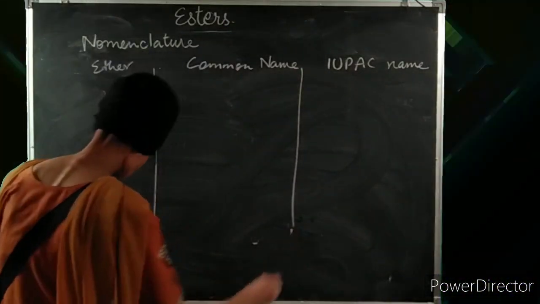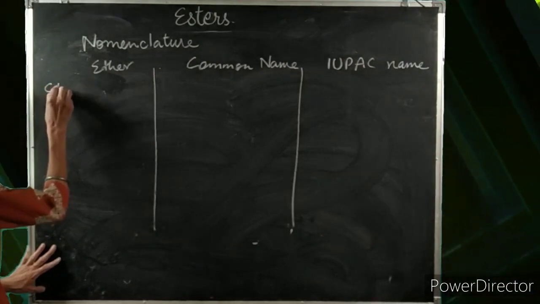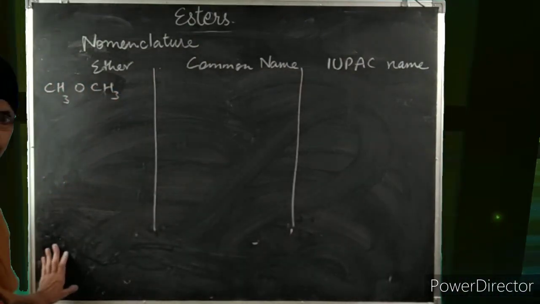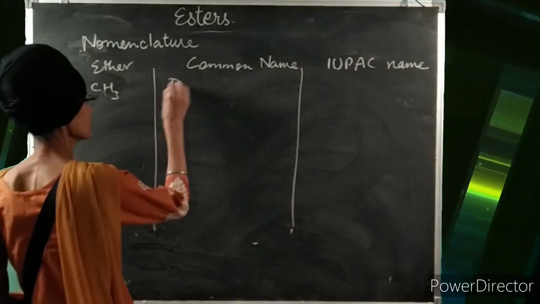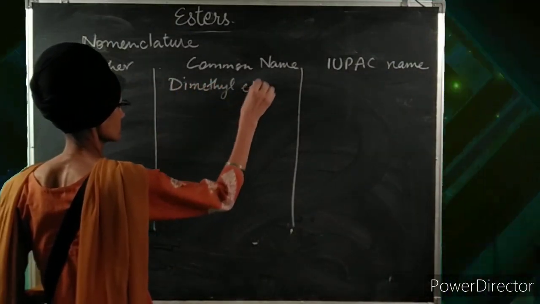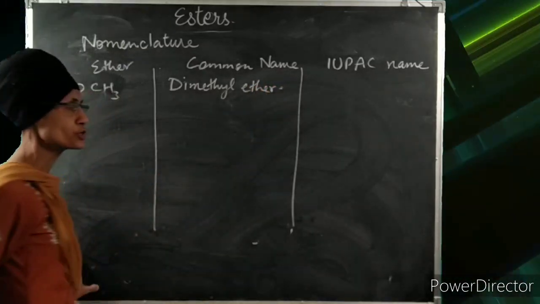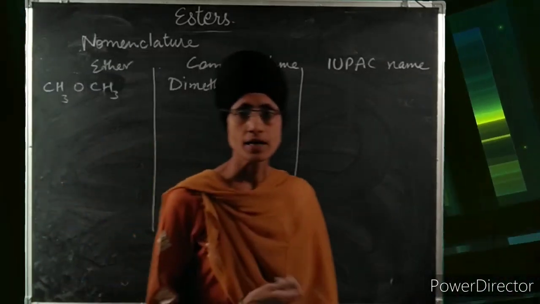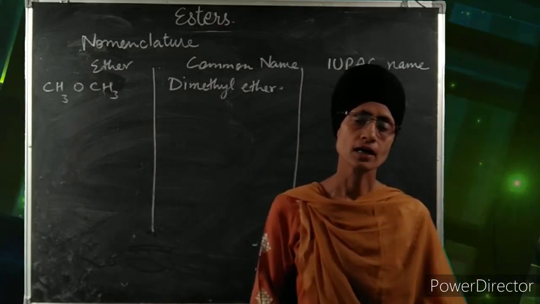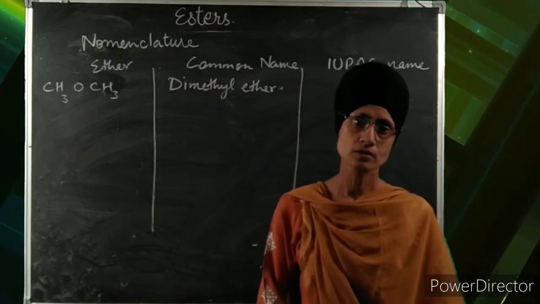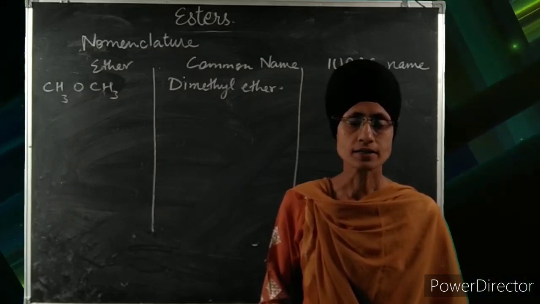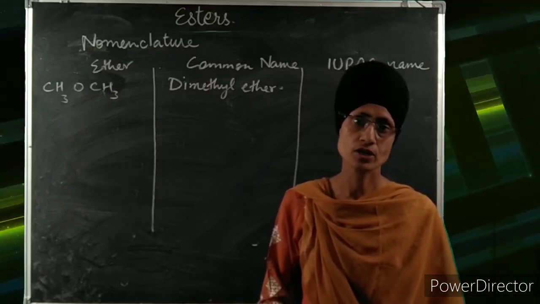First of all I am going to write the simplest ether with two methyl groups. According to the common name it is dimethyl ether because both the alkyl groups are methyl groups. But when we write the IUPAC name, oxygen is counted with one of the alkyl groups and the other alkyl group is taken as the parent chain.